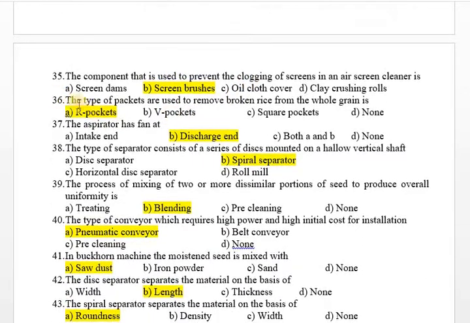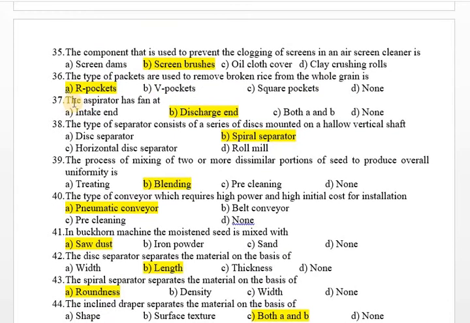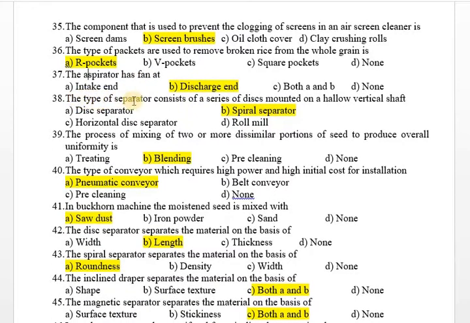These brushes are used to prevent the clogging of screens by stones and other foreign materials. Next, the type of pockets used to remove the broken rice from the whole rice. Next, the aspirator has a fan at the discharge end. The type of separator consisting of a series of discs mounted on a hollow vertical shaft is called the spiral separator.